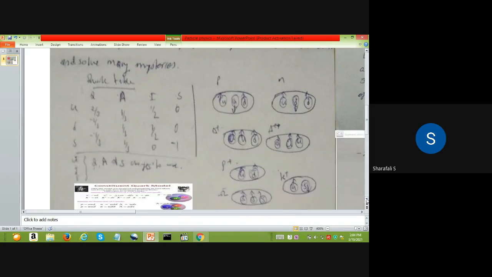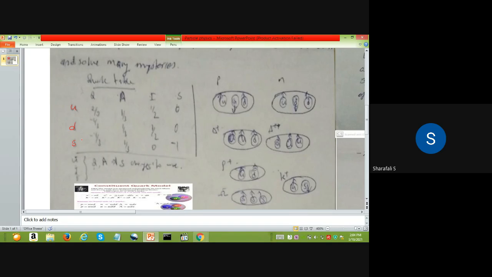For example, if you consider the quark model, first we'll consider the u, d, s quarks. These are the up quark, down quark, and strange quark. These are the important ones.